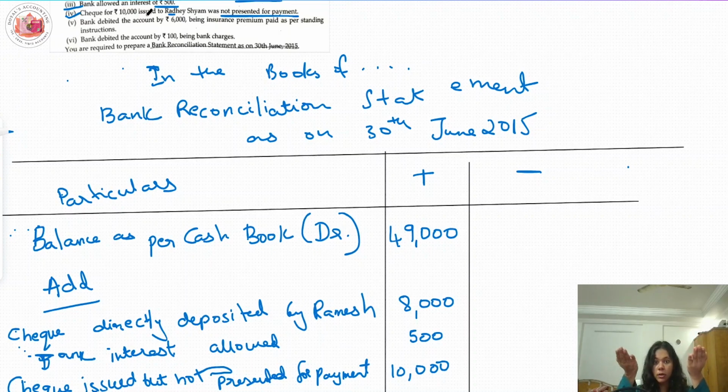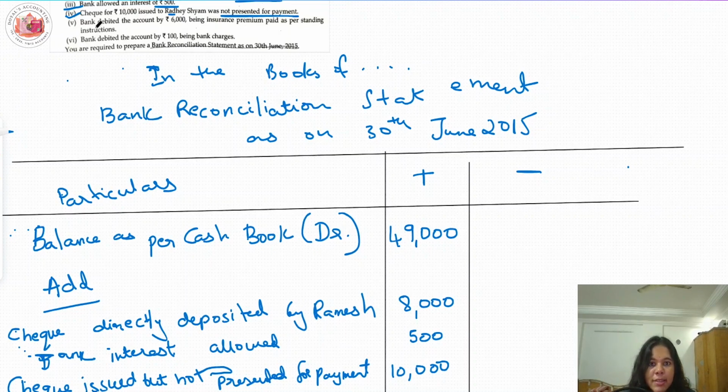In my cash book, my accountant has assumed that 10,000 has been paid off. But I did not present that check to Radhe Shyam. That amount has not been deducted from my passbook. So that means my passbook is still here. Now if I want to equalize the two, my cash book balance has to come up, no? So I will add 10,000 rupees.